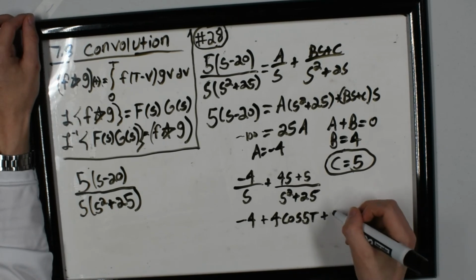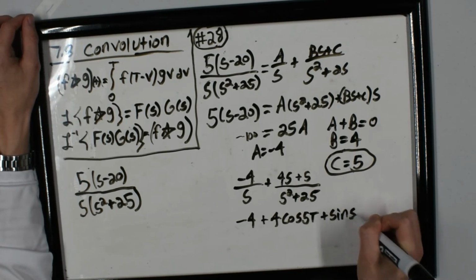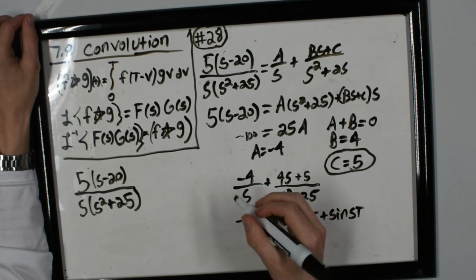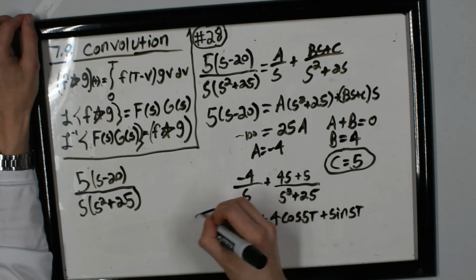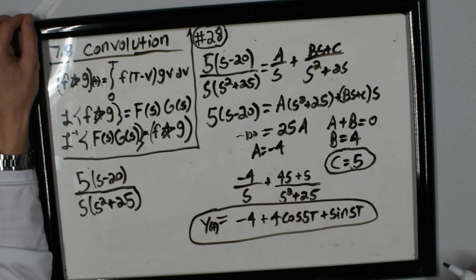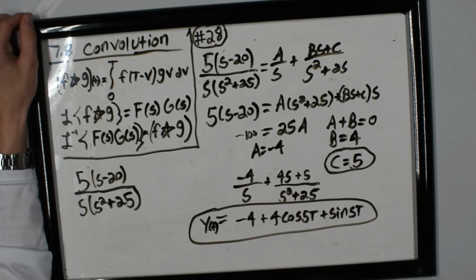And since there's a 5 on the top there, we're just going to get plus sine 5t. And remember, this is equal to y of t. And that would be the answer for number 28.